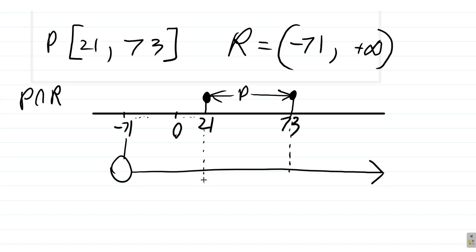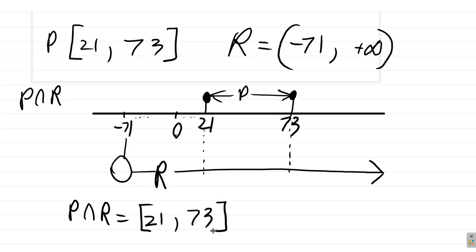Let me label this, this is R. Now, when you look at this, R contains 21 and 73, just like P. So we can reasonably say that P intersect R is equal to, now, 21 is included in both, and 73 is included in both.